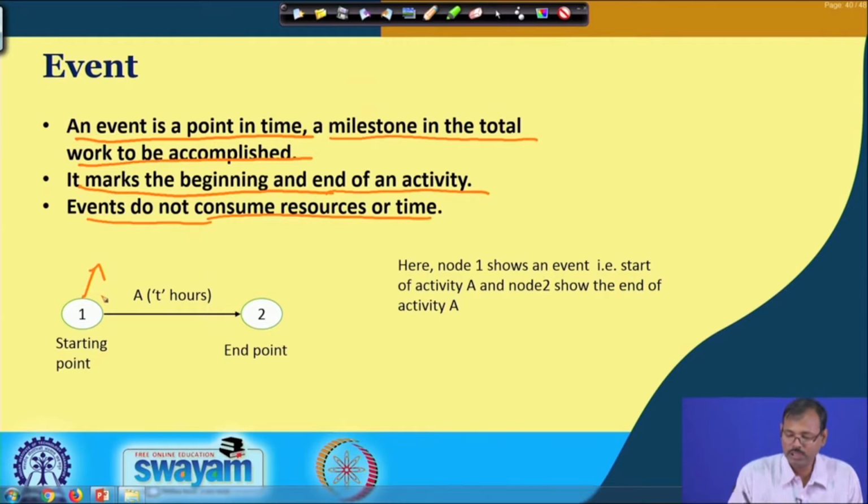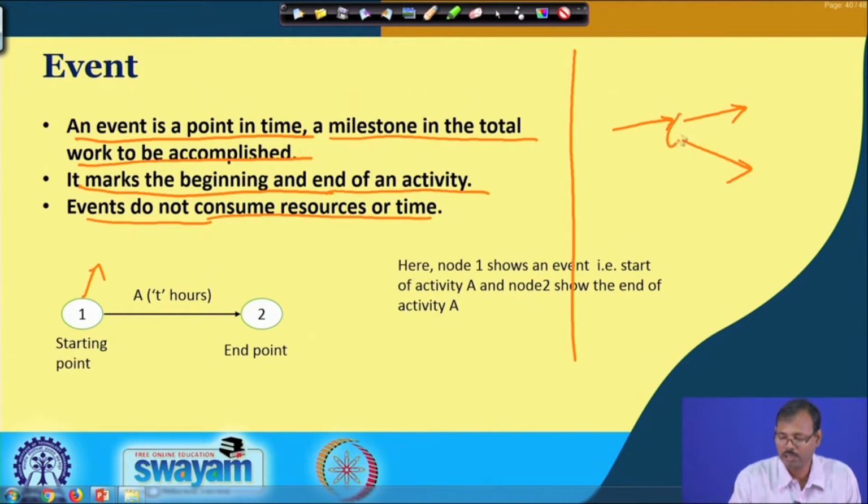The condition in network analysis is that the different activities or unit operations are combined with the nodes, and it is assumed that the nodes are not consuming any cost or any time.